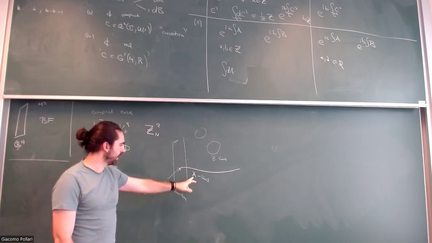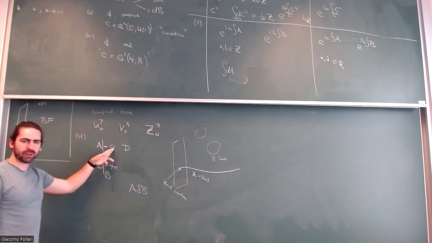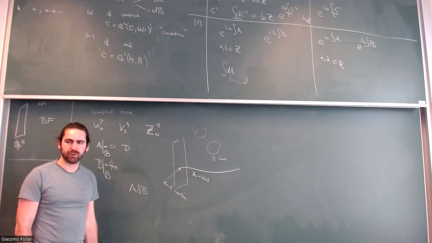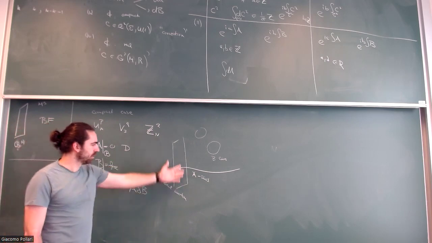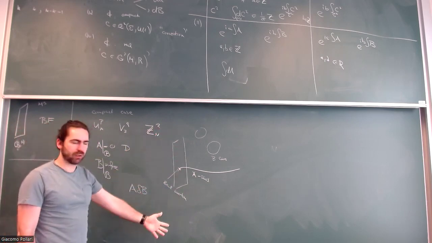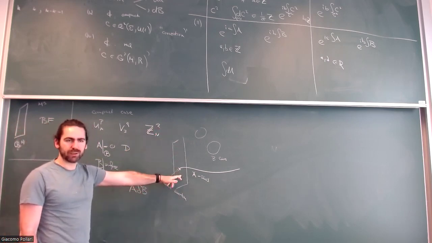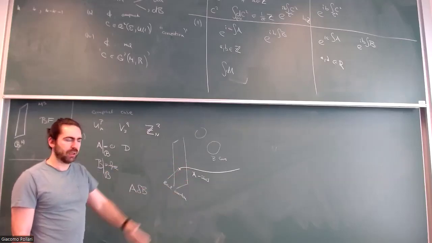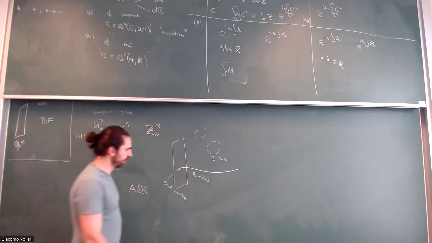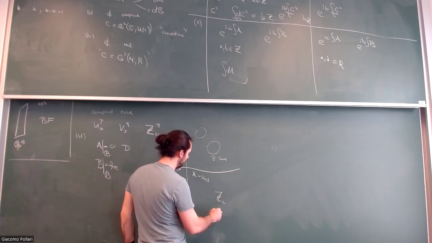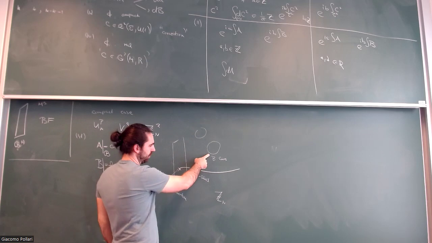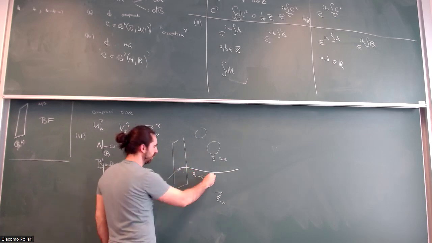Yeah. Okay. And A lines, because they are 0, they can be attached to the boundary. So now I can think of this 2D system as something that has local operators. They are the ends of the A lines, and it has a Z_N symmetry, and the Z_N symmetry is generated by these B lines encircling the A lines.